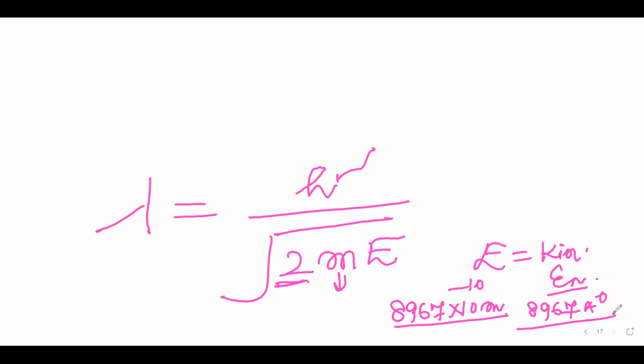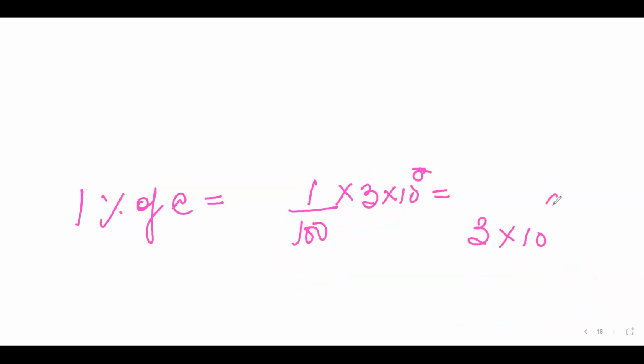1% of the speed of light, that is 1/100 of 3 into 10 raised to power 8, that becomes 3 into 10 raised to power 6 meters per second.